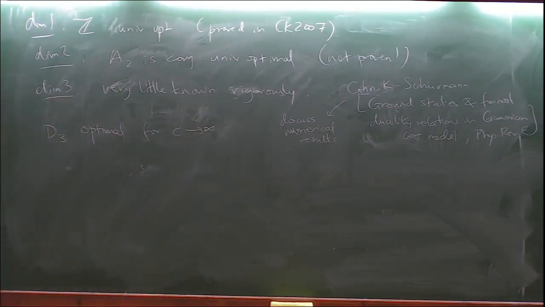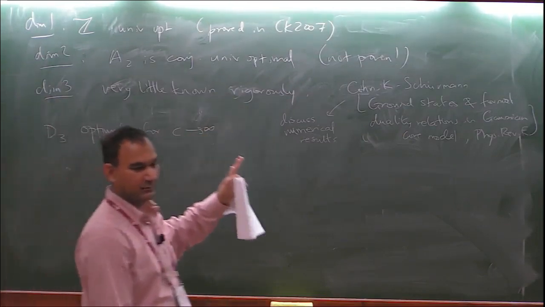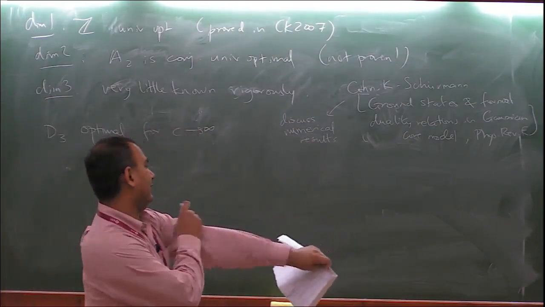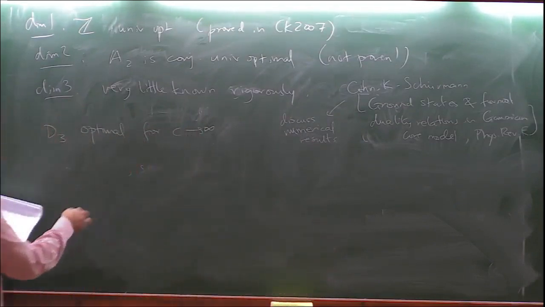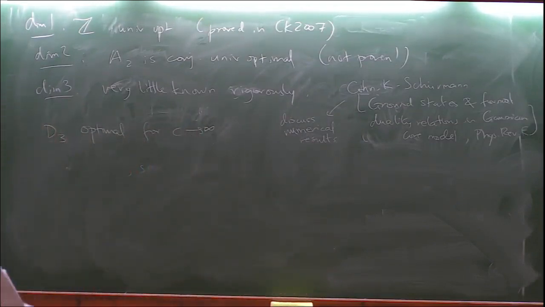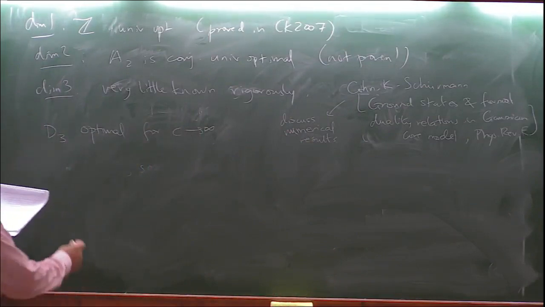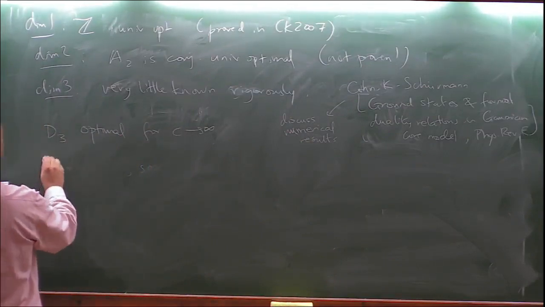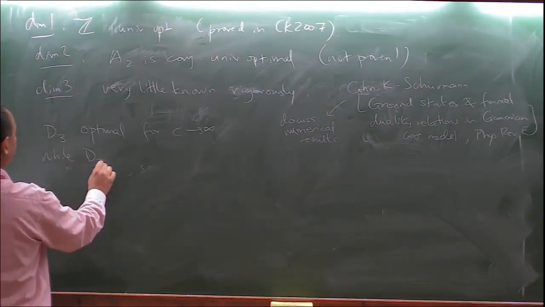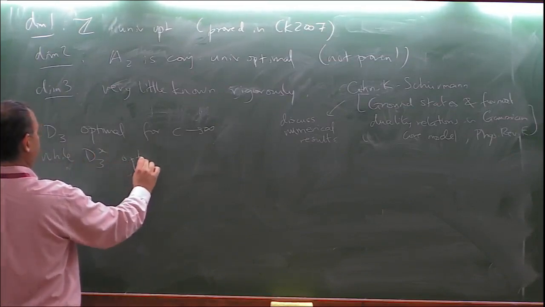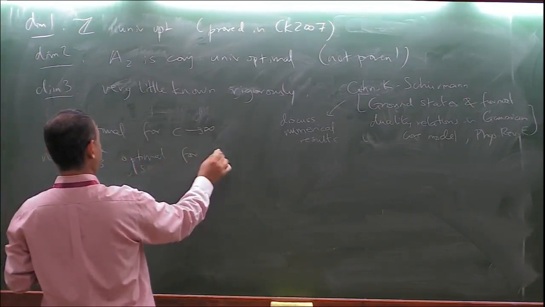C is the exponent for the Gaussian, so if it's a very steep Gaussian, it looks like sphere packing.